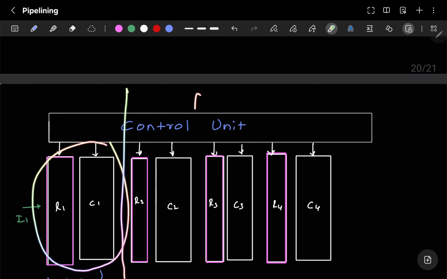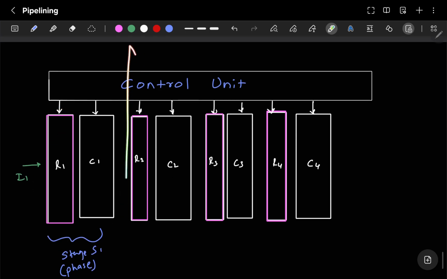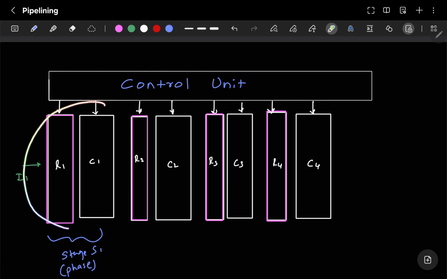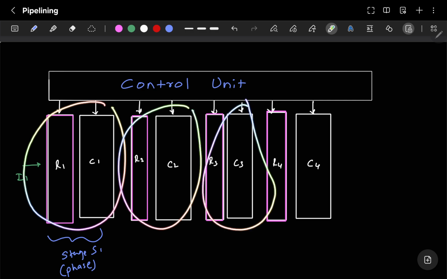So it will divide like this, like this, like this, and each division is called a stage, or phase. This entire part is called stage 1, this part is stage 2, this part is stage 3, this part is stage 4.